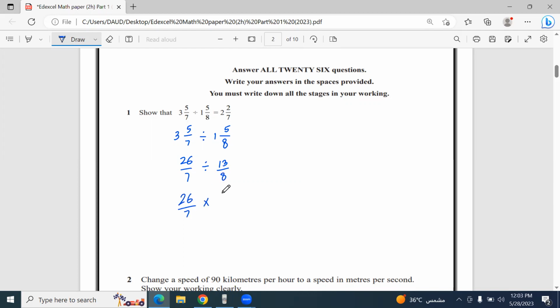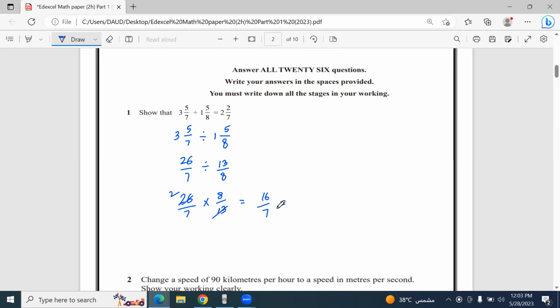Change the divide into multiply, and the next fraction change into reciprocal form. The reciprocal form of 13/8 is 8/13. Here we can cancel 13 multiplied 2, and the rest part is 8 multiplied 2 gives us 16/7.